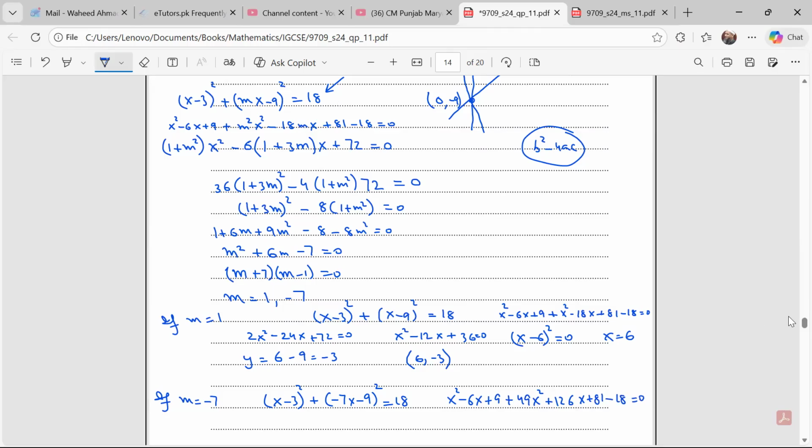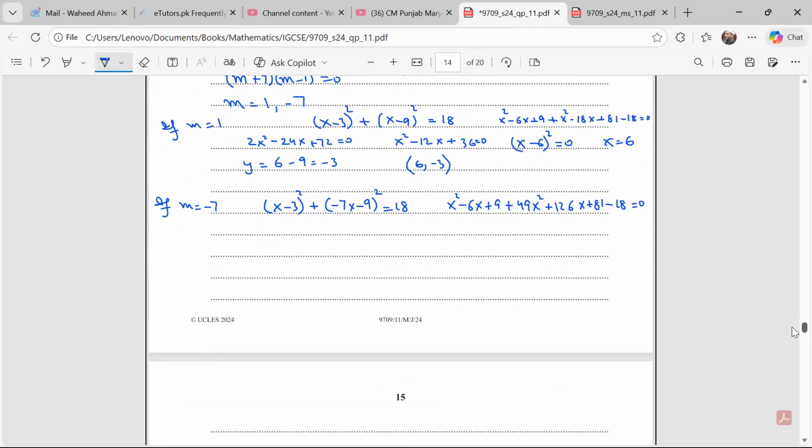I hope you are following all the calculation and all the algebra here. So x squared plus 49x squared becomes 50x squared. Then 126x minus 6x becomes 120x. And 81 minus 18 plus 9 is 72.